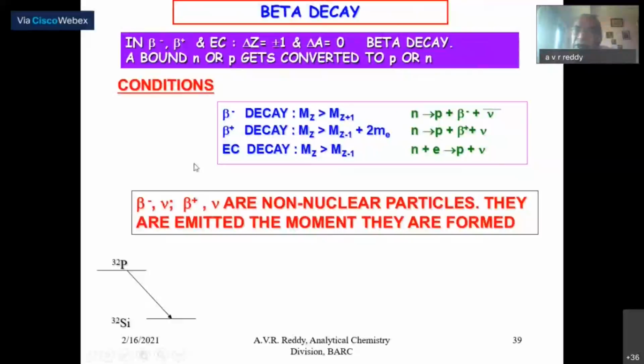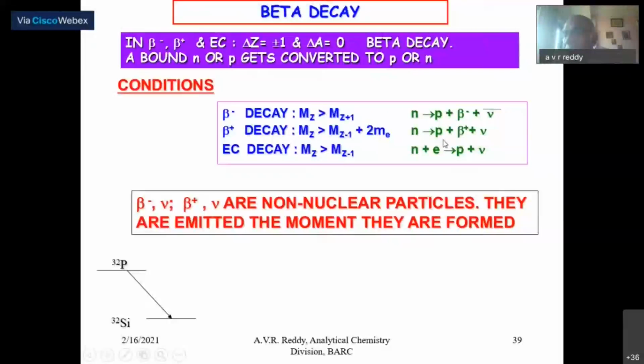On the same extension, if the mass difference of the parent is more than the mass of the daughter product plus twice the rest mass of the electron, then there is a possibility that a bound proton, oh sorry, this should be P and N, this I will correct and upload again, will get converted to a bound neutron, and for charge balance, it is zero charge, it is plus one charge, a positron or anti-electron is formed at that moment.